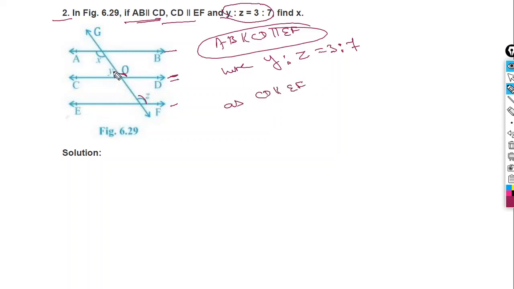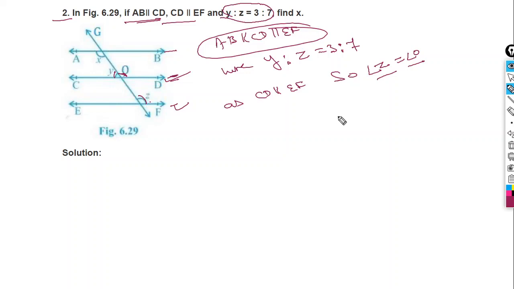Look at the figure. CD line and EF line, as they are parallel, therefore angle Z will be equal to angle O. You can write Z equal to O.